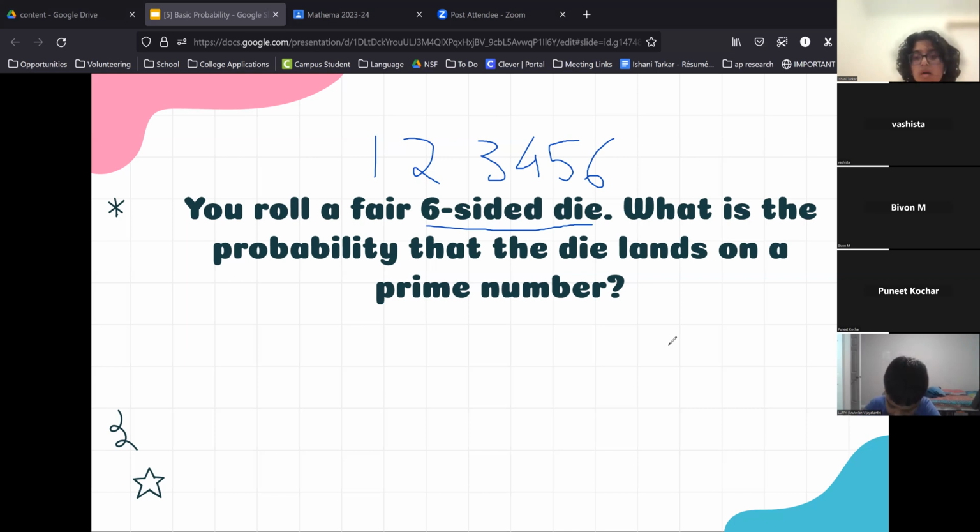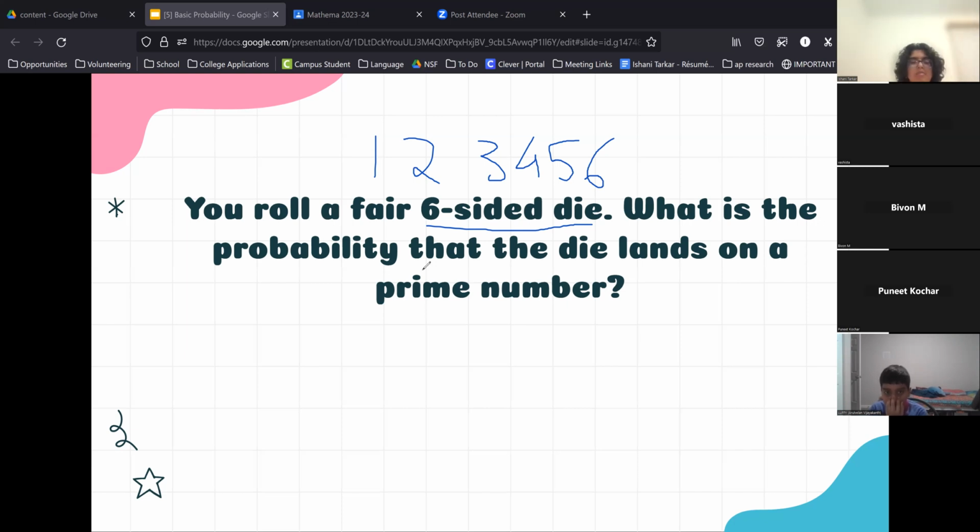So what's the probability a die lands on a prime number? You have to know what a prime number is. A prime number is any number that has exactly 2 factors, right? So that would be any number that has both a factor of 1 and itself. If it's 1, it's not a prime number because 1 only has 1 factor.